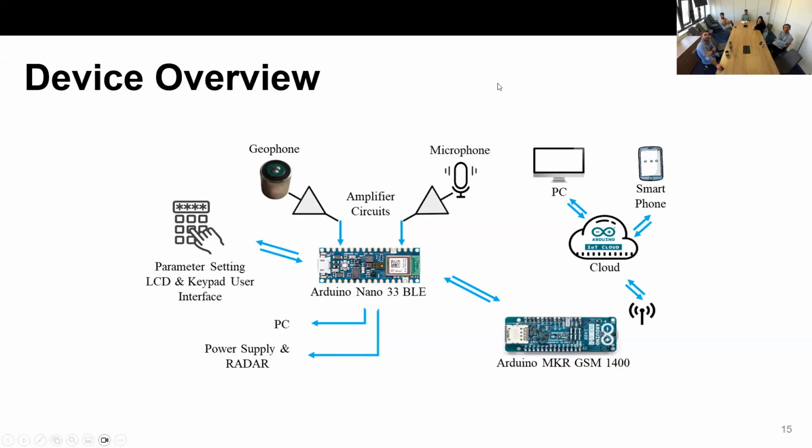Mainly, we have two Arduinos in the system. One is the Arduino Nano 33 BLE, which does the sensing and has the detection algorithm running on it, along with the user LCD and keypad interface.